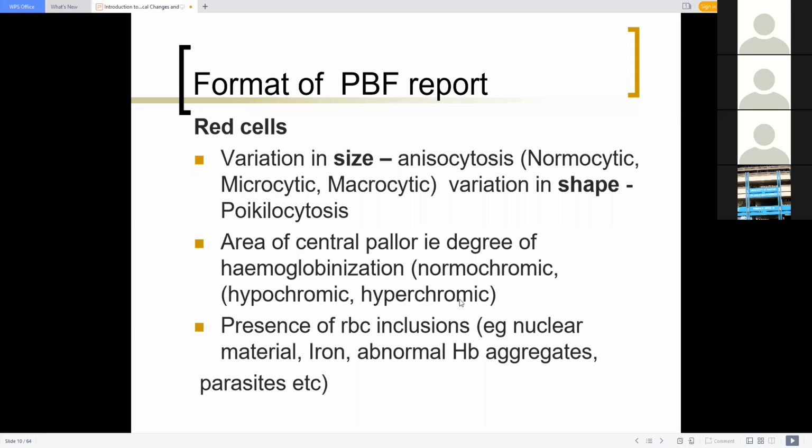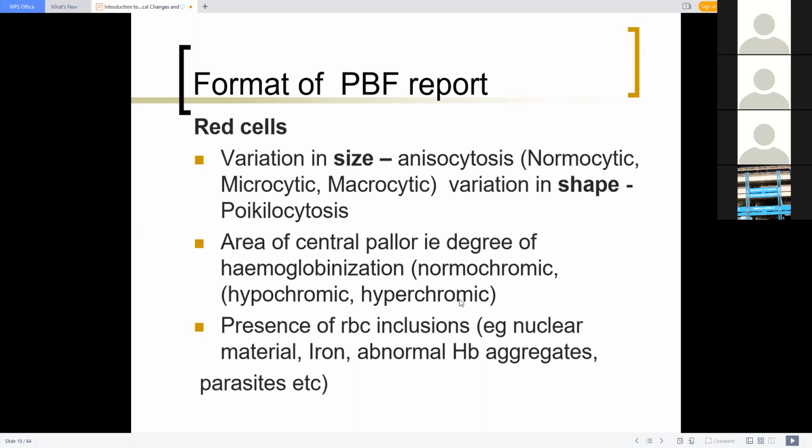But remember, in 3 dimensions, it is usually the hollow or biconcave shape that the red cell has. All right. So when the area of central pallor is less than a third, or just a third, we call that a normochromic cell, which means the red cell is normally hemoglobinized. When the area of central pallor is greater than a third, we call that a hypochromic red cell.